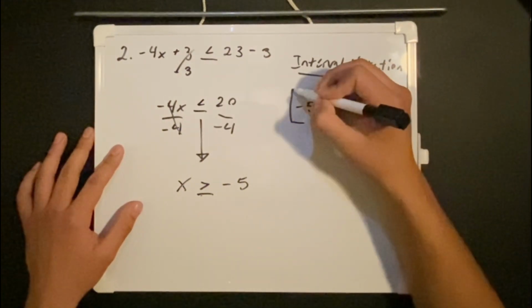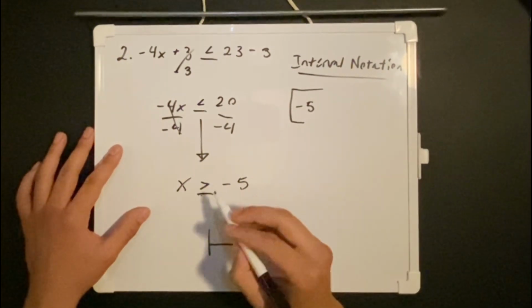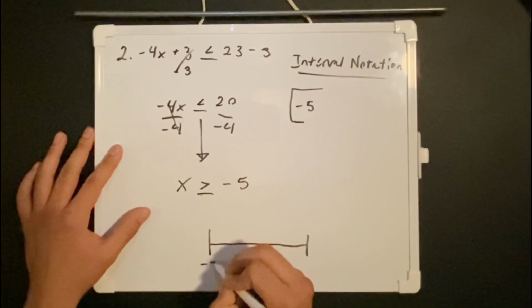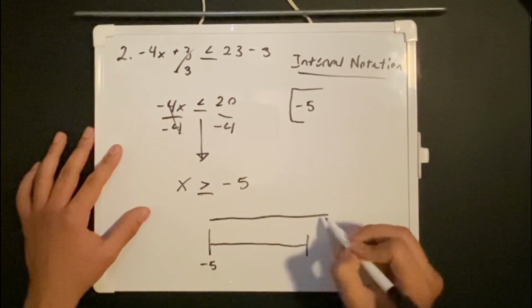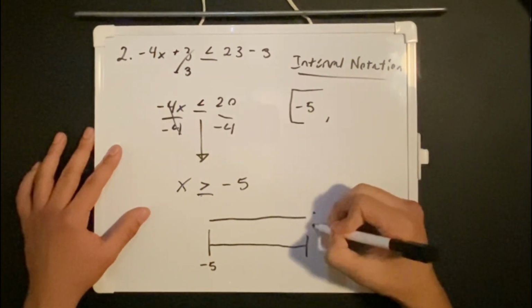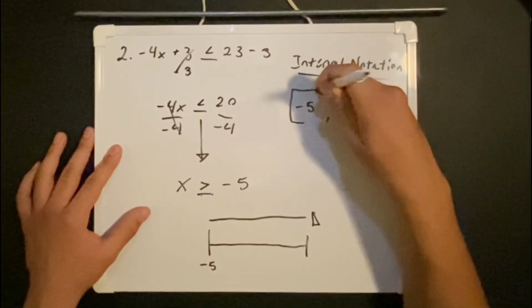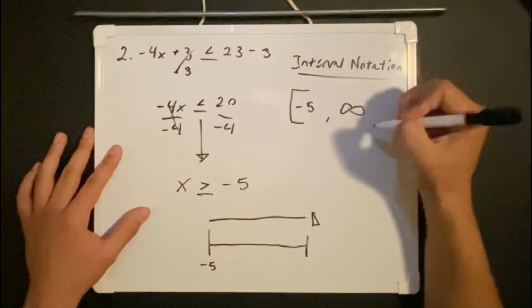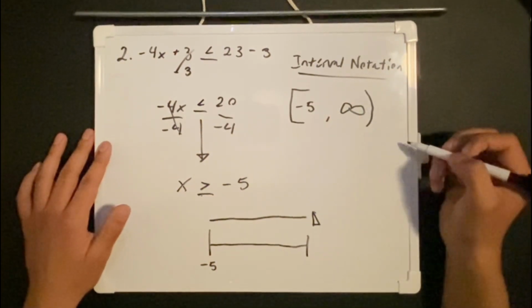To help you visualize better, you can also have it on a line graph if you need to, but I consider it unnecessary. So here we have our least value, and we need all the values that are greater than -5, since they could be X. This arrow will continue on into infinity, so then you just write down infinity. Infinity is an undecided or uncertain number, so we'll put parentheses.